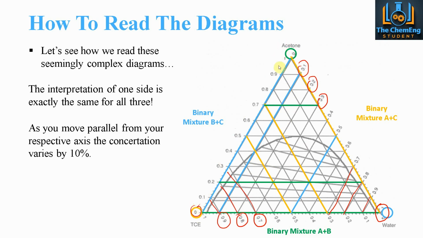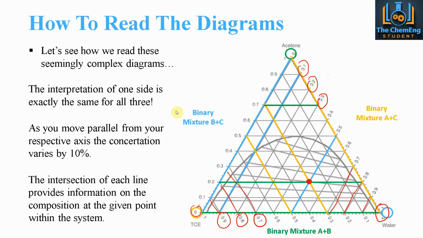So this line here is for acetone, this line here is for TCE, and this line here is for the water. So again, you just need to make sure that your nomenclature is carried out correctly, and that you remember that on this type of graph we move in increments of 10%.